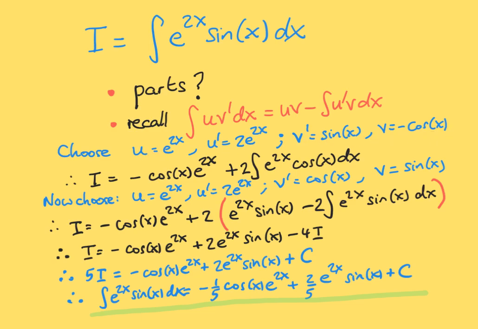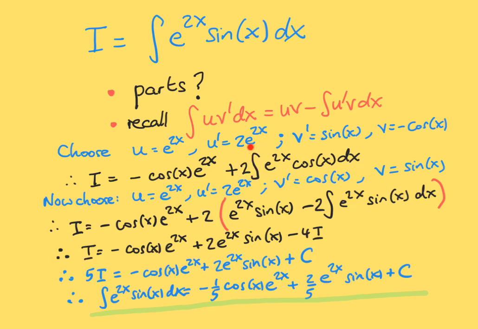So now we have everything ready to go into this formula here. Our integral, that I'm just calling I for brevity, is u times v. So it's minus cosine of x times e to the 2x. And then we have minus the integral of 2e to the 2x. I'm going to put this 2 in front of the integral sign to make things look less scary.